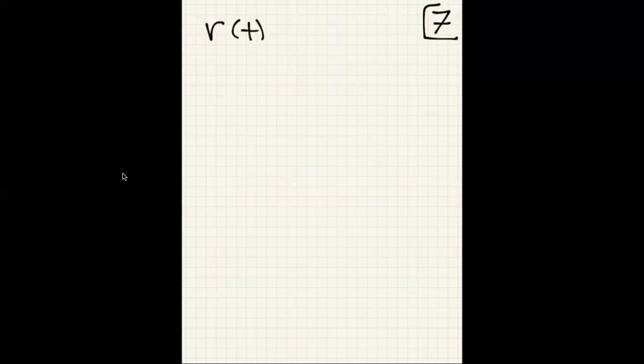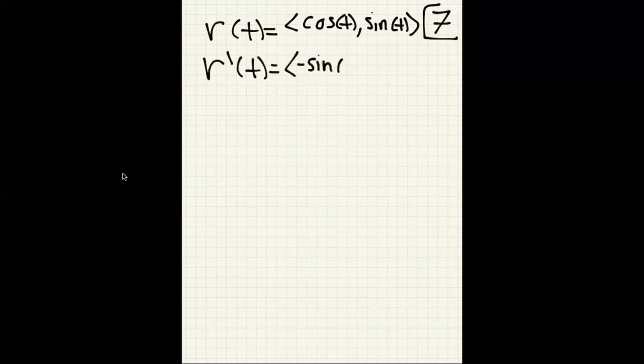r of t is cosine of t, comma, sine of t. And this tells me that r prime of t is, well, cosine becomes negative sine, sine becomes cosine.